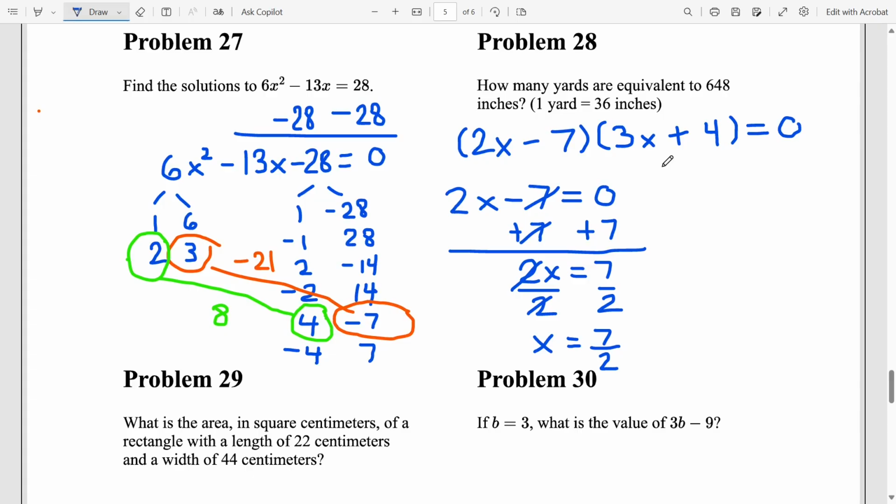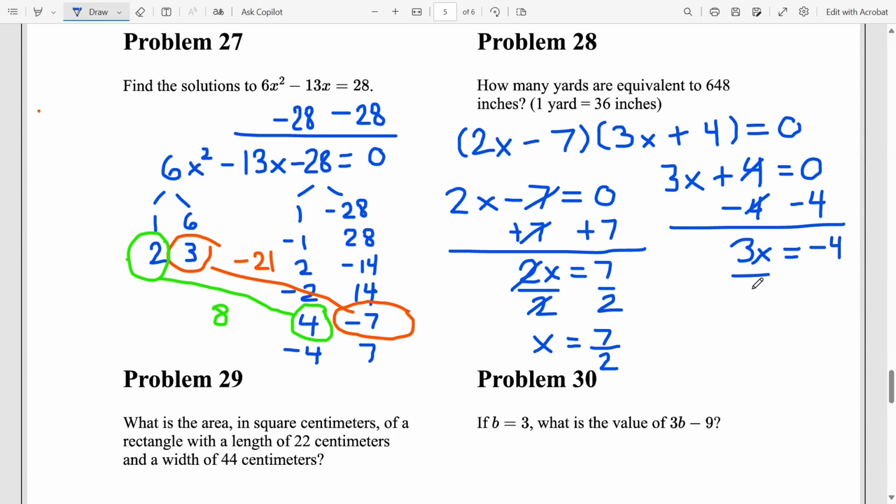Okay, and then we're going to set 3x plus 4 equal to 0. We're going to subtract 4 from both sides. 4 minus 4 is 0. We get 3x equals negative 4.